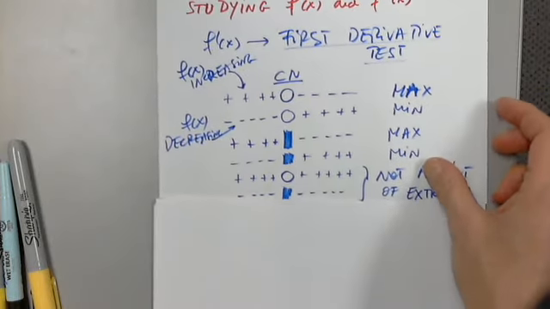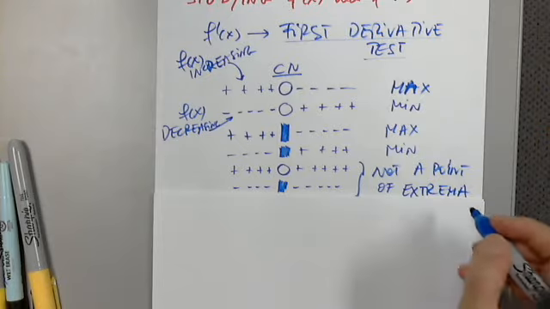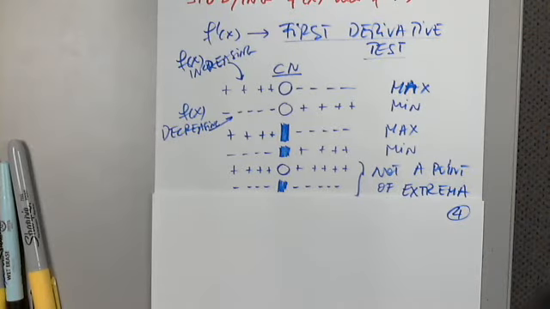Now let's look at a function. I think that's the easiest thing to do: look at a function, study the first derivative, determine max-min, and then talk about the second derivative test. If I just give the second derivative test, it's going to be kind of difficult to understand. Let's work on a problem, and then we'll look at the second derivative test.